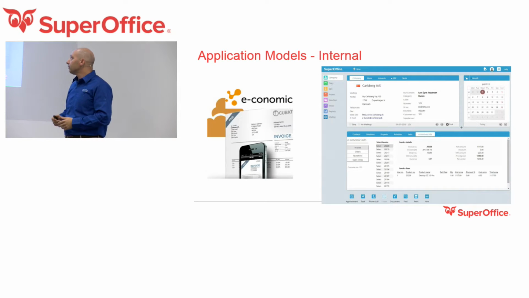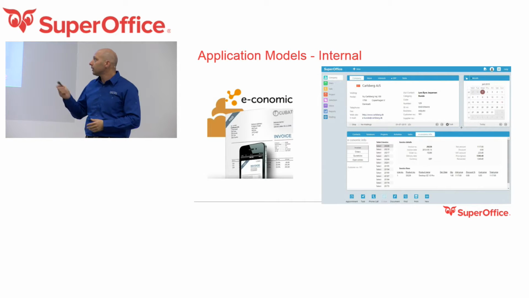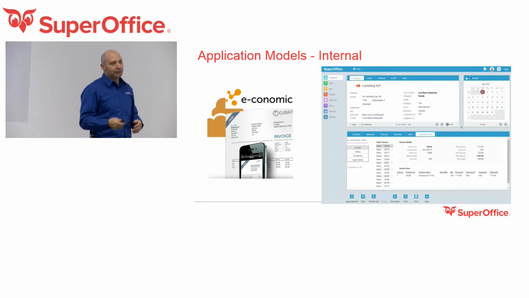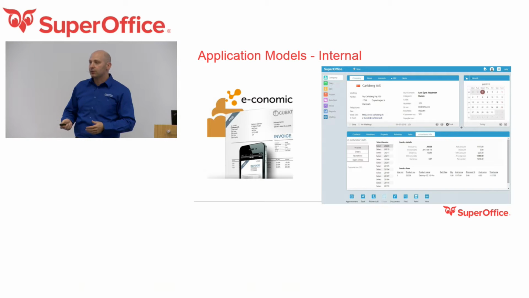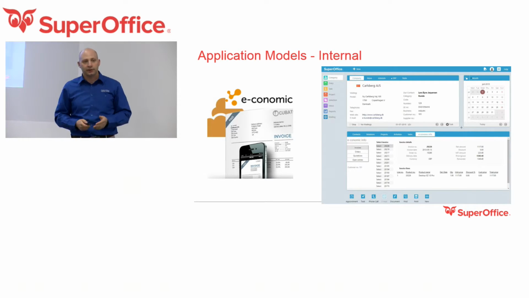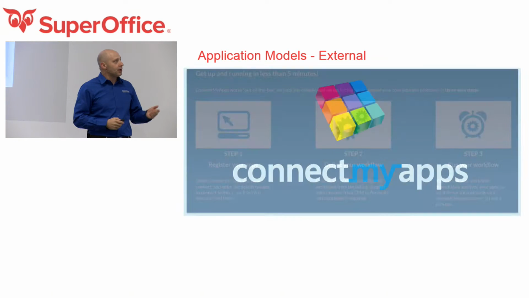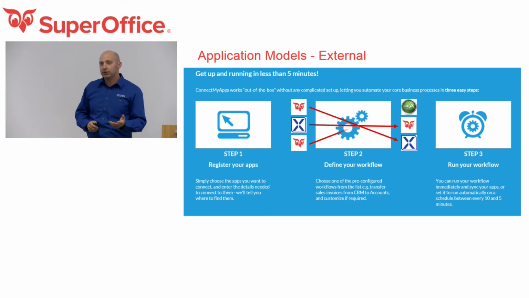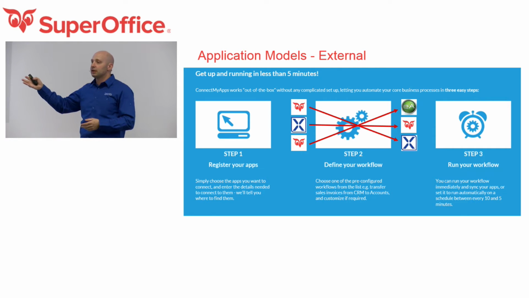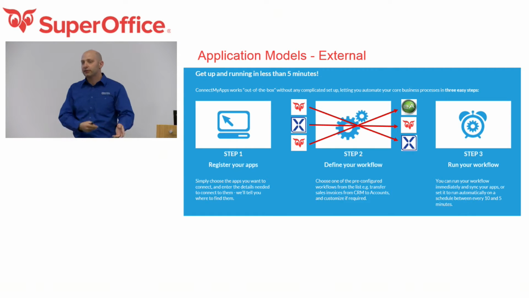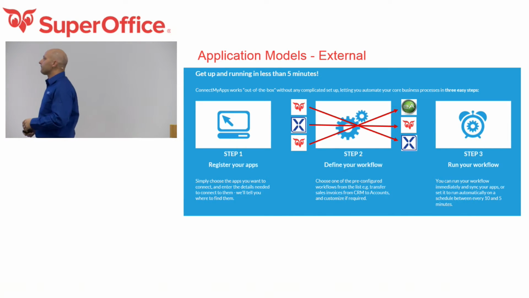A very good example of an internal model would be economic, where you install it, it's provisioned, and it's available inside SuperOffice. You never have to go to their website in order to configure it. It's all there inside SuperOffice. Connect My Apps is a great example of an external website that has the capability to say, when this happens inside SuperOffice, make this happen inside this other application.